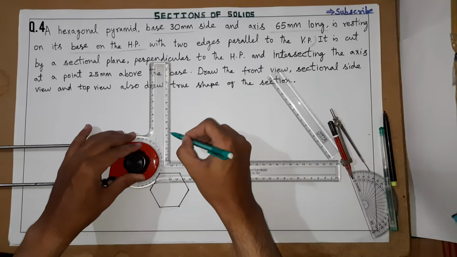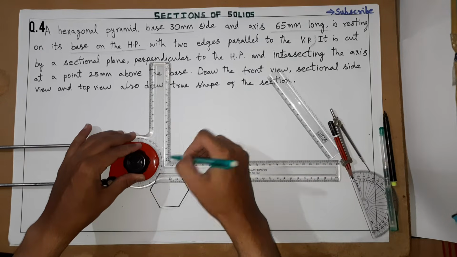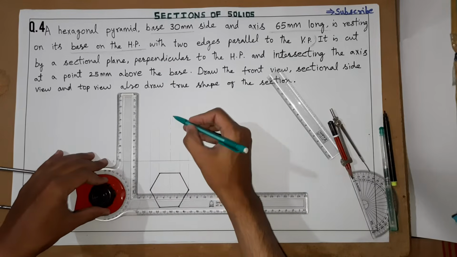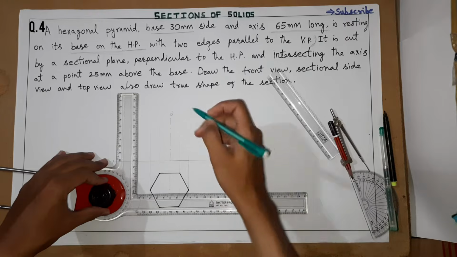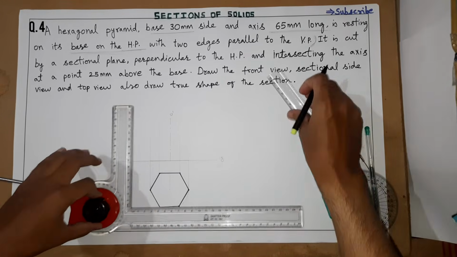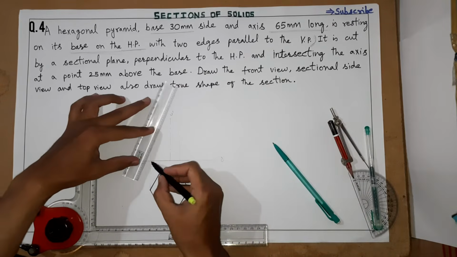The axis I will draw as a long line, short line. Then all the corners you have to join at this apex point. Let the apex be O dash. I will draw with this pen with the dark line.